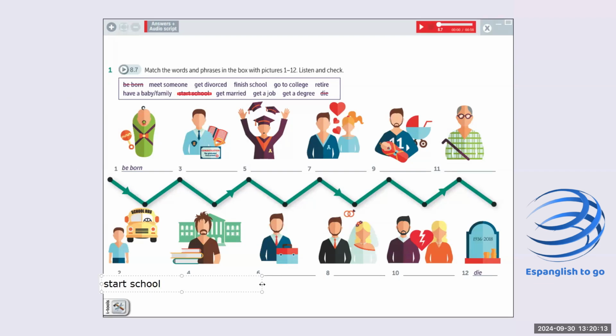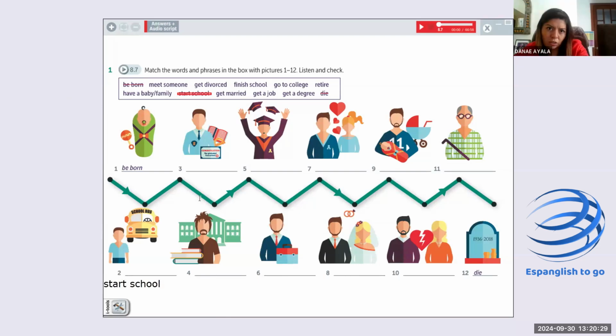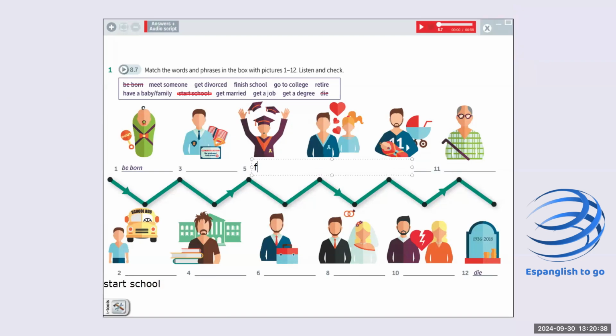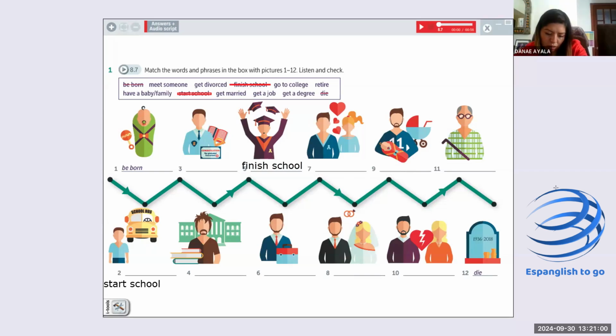Then we have number 3. Oh, wait a second, go to college, right? Maybe finish is 5, I think. Maybe this one is finish school. Do you have any other that you know at this moment? Number 3 is go to college?